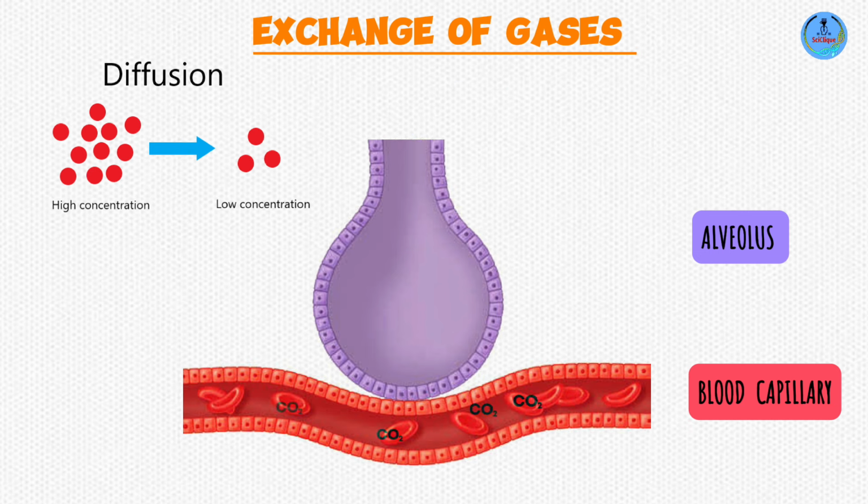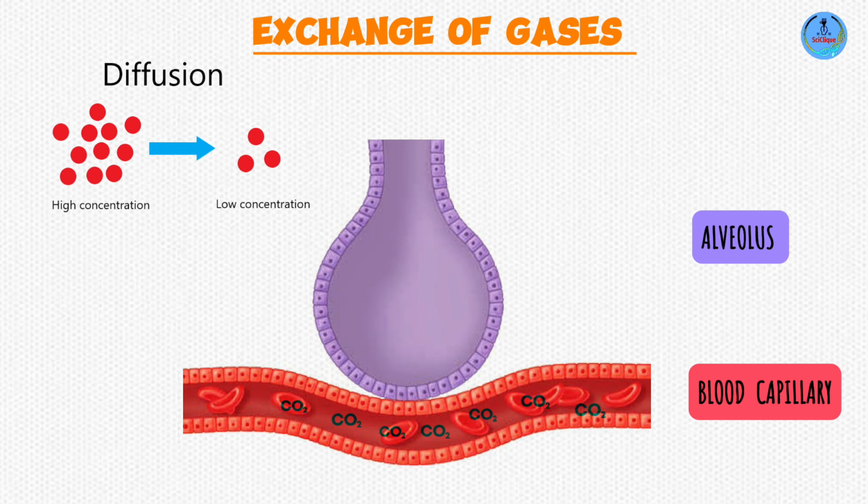What about carbon dioxide? Remember, when you talk about gaseous exchange, we are talking about both gases. So in this case, you're going to have carbon dioxide at a high concentration in the blood. Why? Because this is carbon dioxide that has been taken in from the tissues. Tissues carry out respiration, and when they do, they produce carbon dioxide as a waste product.